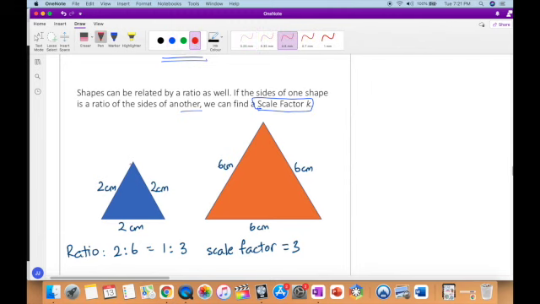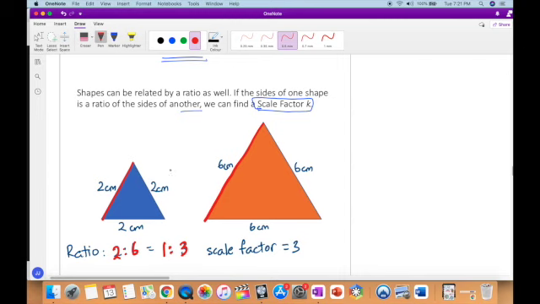So if I was to take this side and this side, just those sides, I could see that that is a ratio of 2 to 6. Right, for every 2 centimeters here, I have 6 centimeters here. And I could reduce that to a ratio of 1 to 3.